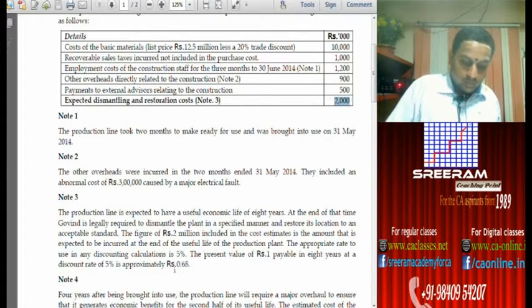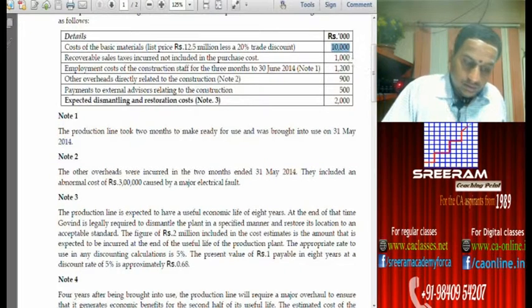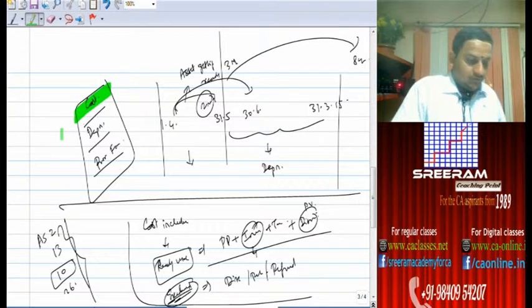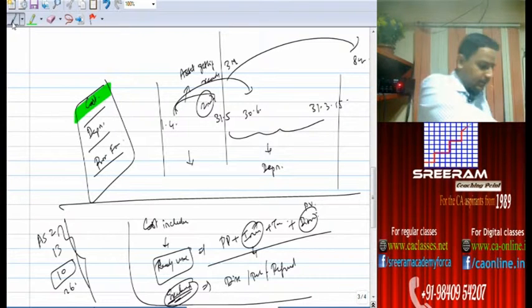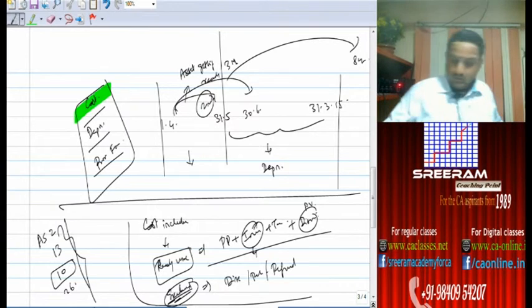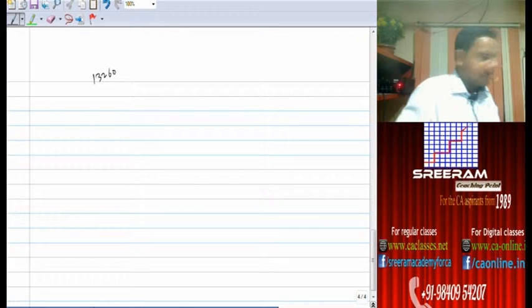So 2000 into 0.68, in today's value, we can add. So 10,000, plus 800, plus 600, plus 500, plus the present value of this 2000 will be taken for capitalization. So the first question, what is the cost to be capitalized? We can just say 13,260 should be taken for capitalization.